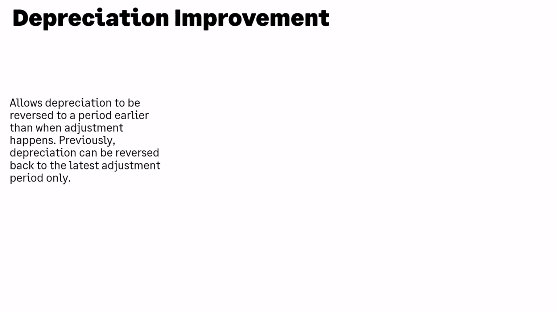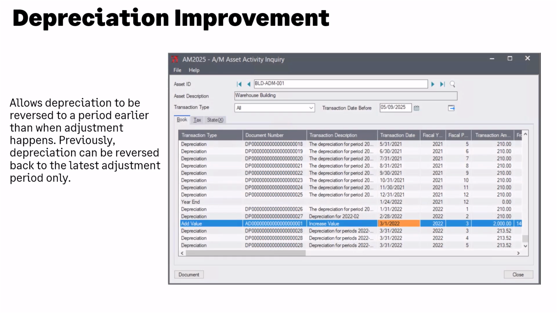The next new feature is for depreciation. In previous versions, there was a limit to the depreciation reversal. That is, you could not reverse depreciation that happened before the latest adjustment period.